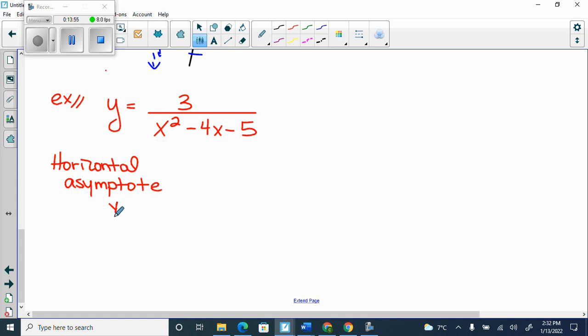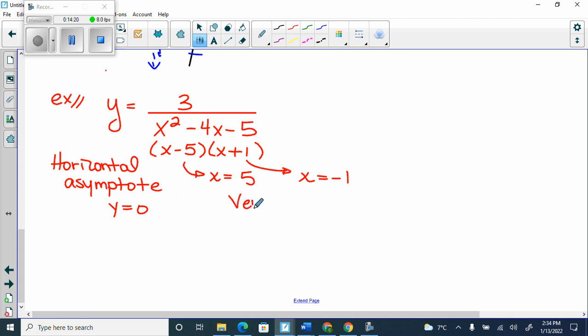What are you going to have to do to this denominator? Factor it. Okay, do that in sketch. When we factor this one, we're going to get x minus 5, x plus 1. This one's going to get me x equals 5, and this is going to get me x equals negative 1.